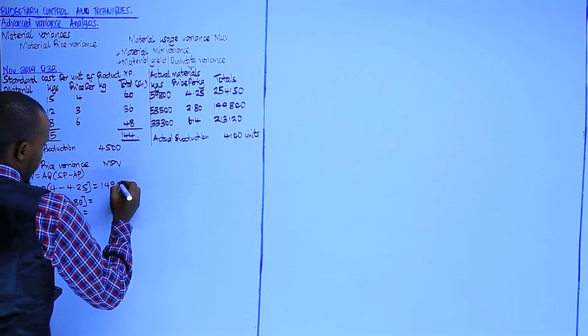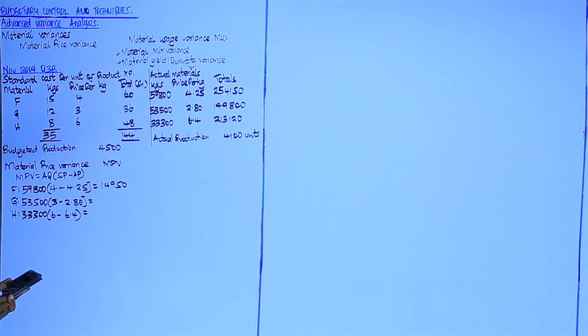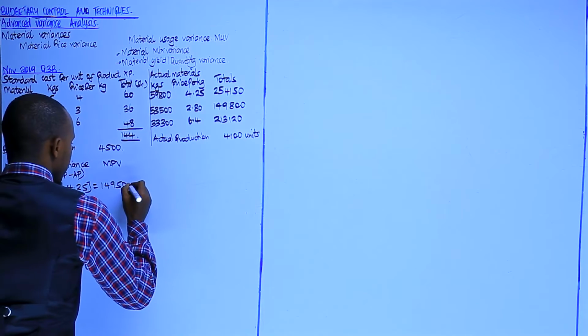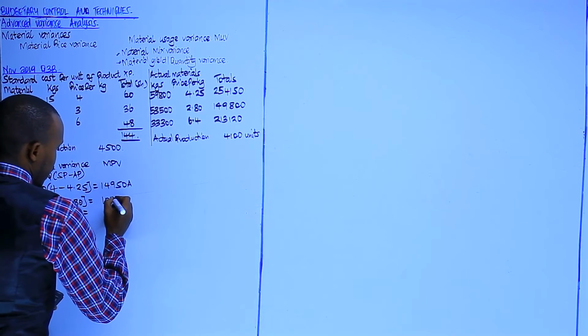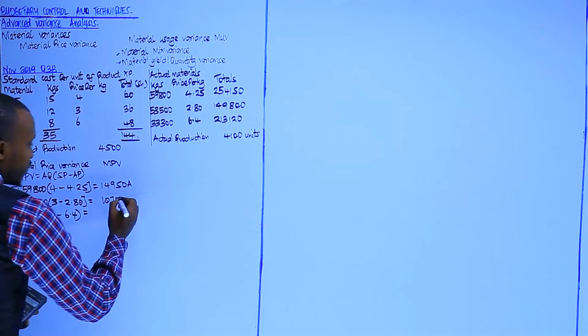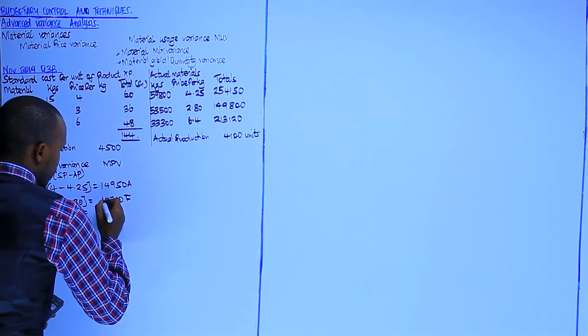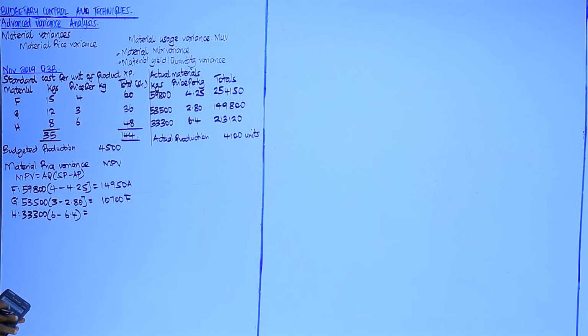For F, that is 14,950, which you're going to say is adverse. For G, 53,500 times 3 minus 2.8 gives 10,700, which is favorable, because you bought at a cheaper price.